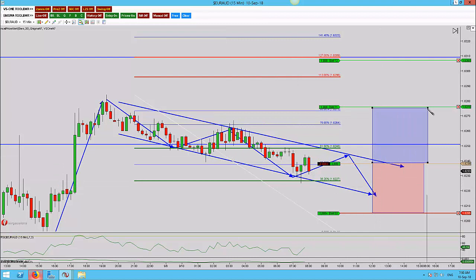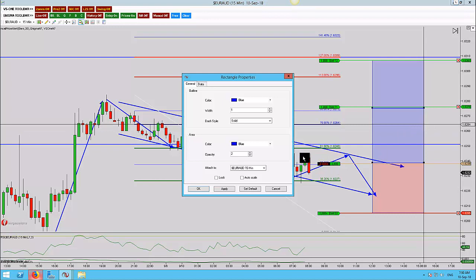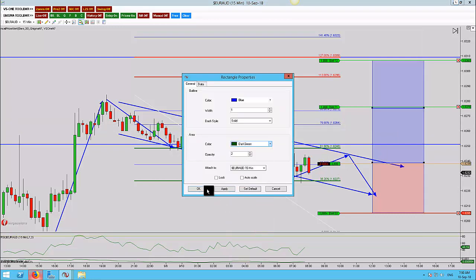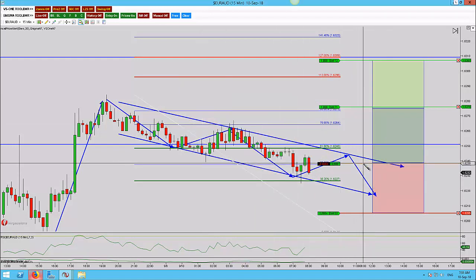I have a set routine. I think it's very important when you do your trading. Everything has to be the same, and that's the same when it comes to my entry stops and targets. So I do need this one to be dark green, and then I do need this one to be yellow as well.